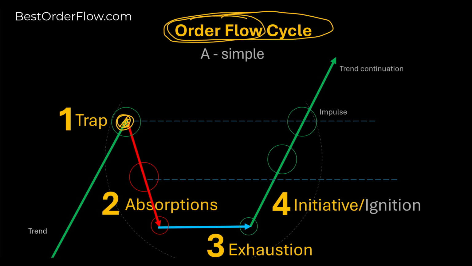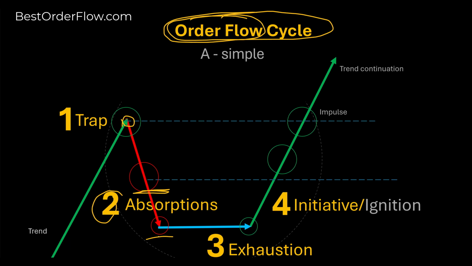Then the price went in the opposite direction, and by the way, this trap is absorption as well, but this is absorption where the buyers were absorbed. You can see the green bubble over here, or simply see it on the footprint itself. Then absorption can happen later when the price is moving in that direction, and the price gets absorbed by the opposite side on level 2.